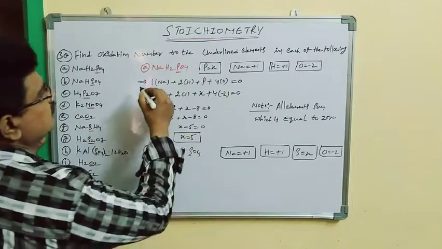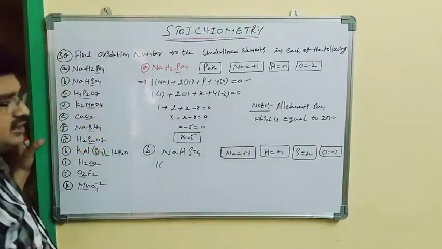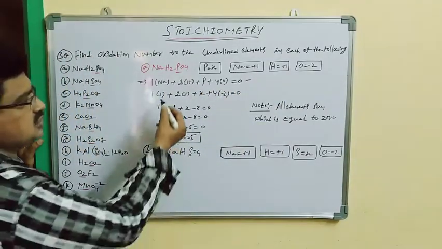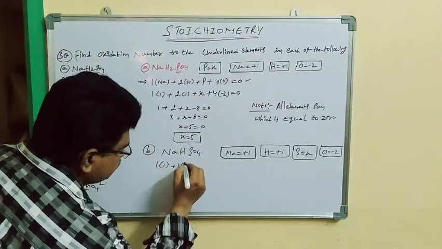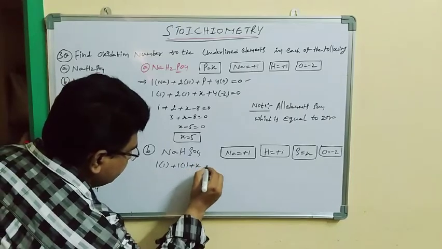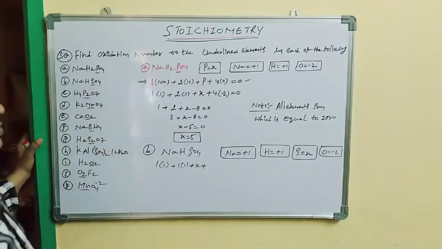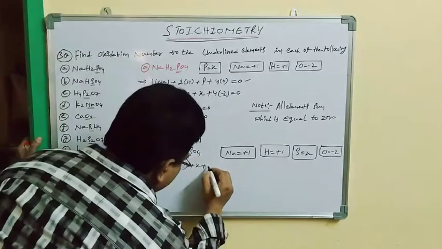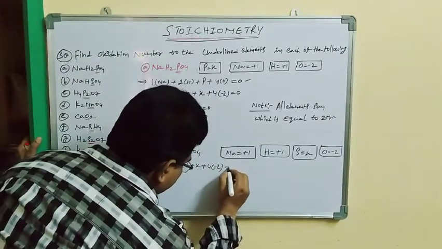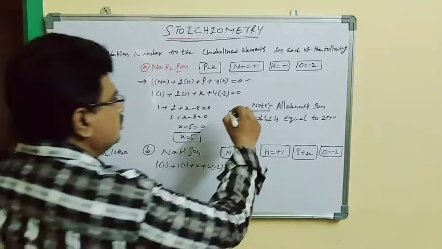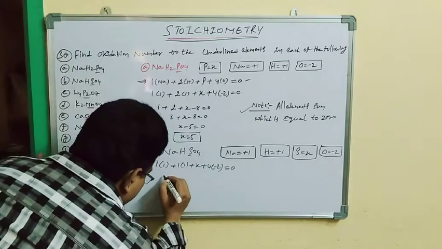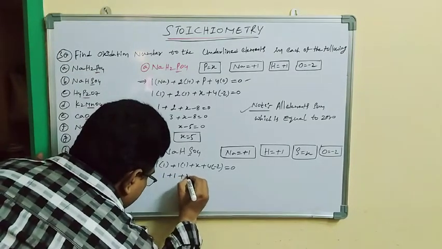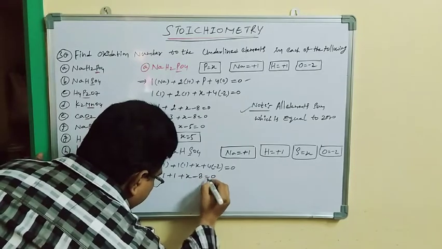I am not writing step 1, directly writing the second step: 1 into 1 plus hydrogen charge 1 plus X plus 4 into how many oxygens are there? 4 into minus 2 equal to 0. The sum of all elements is equal to 0, since this is a compound. 1 plus 1 plus X minus 8 equal to 0.